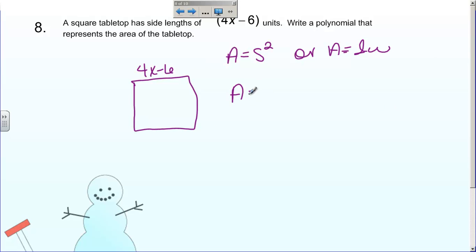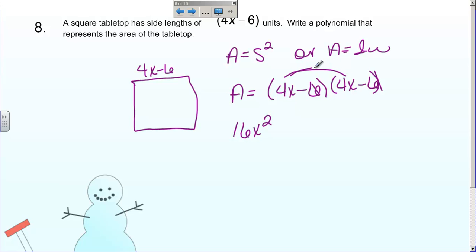So I'm going to do this. 4x minus 6 times 4x minus 6. And I'm going to distribute just like before. So 4x times 4x is 16x squared. 4x times negative 6 is negative 24x.